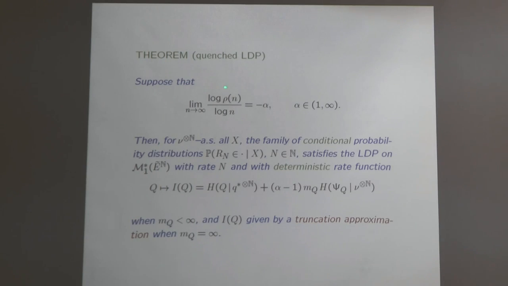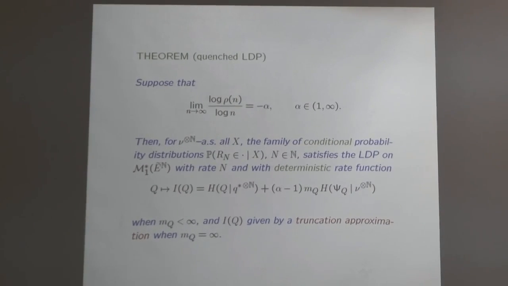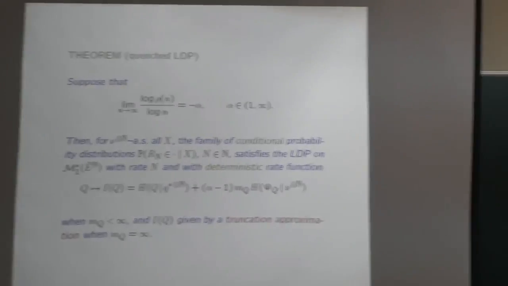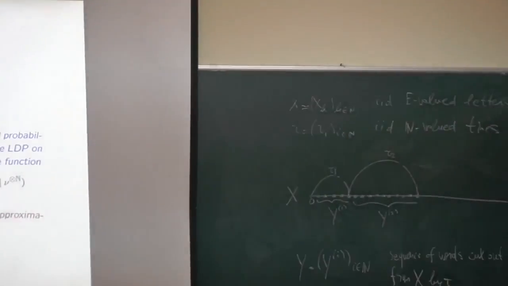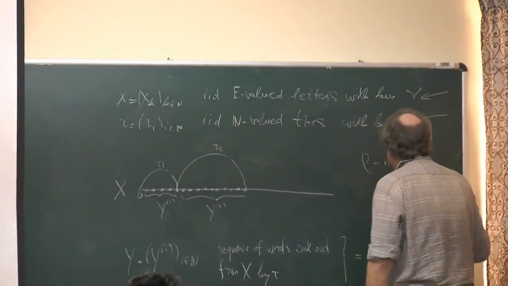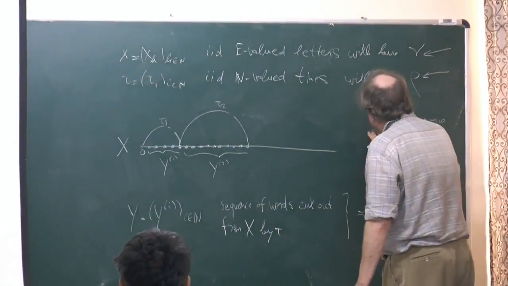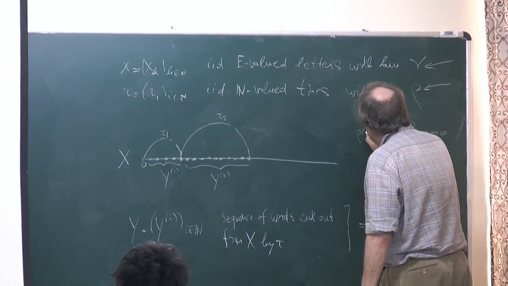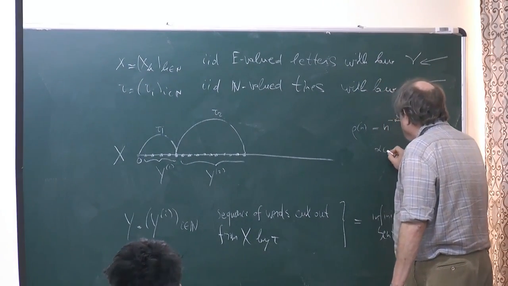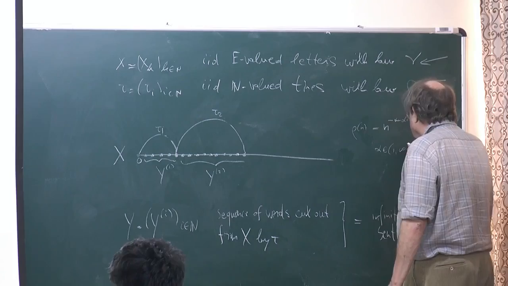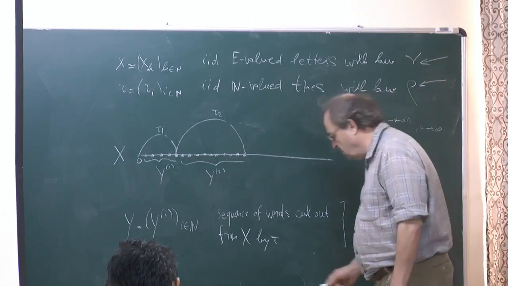I need to make an assumption. What I'm writing down is true for all choices of rho that are the following. Rho of n is n to the minus alpha plus little o of 1 as n goes to infinity, where alpha can be any parameter between 1 and infinity.